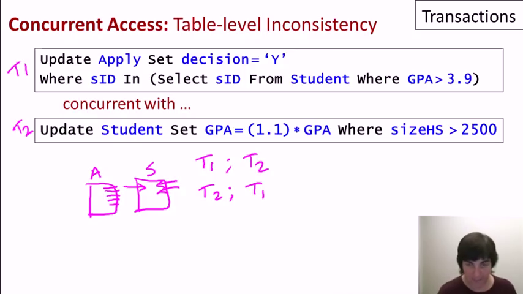Now, this case is a bit interesting because either of these does result in a consistent state of the database. In the first case, we'll update all the decision records before the GPAs are modified for anyone, and in the second case, we'll update the apply records after the GPAs have been modified. The interesting thing here is that the order does matter in this case.